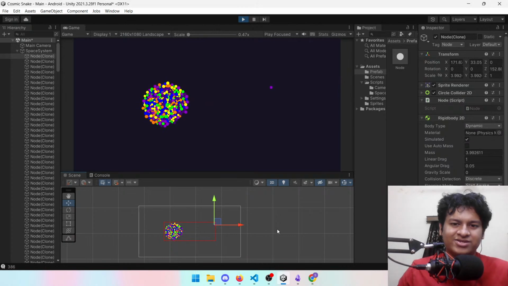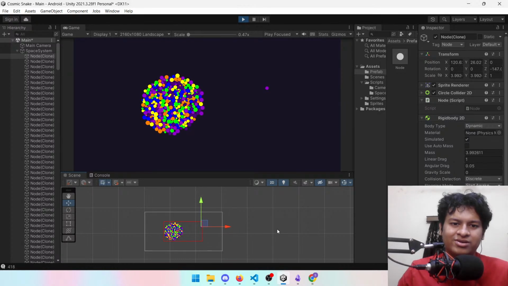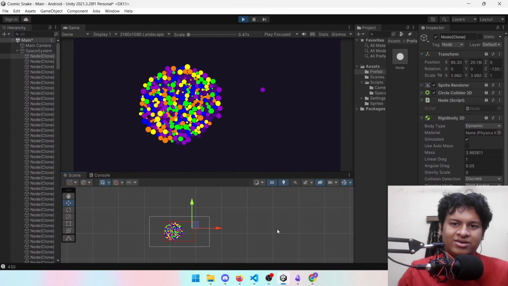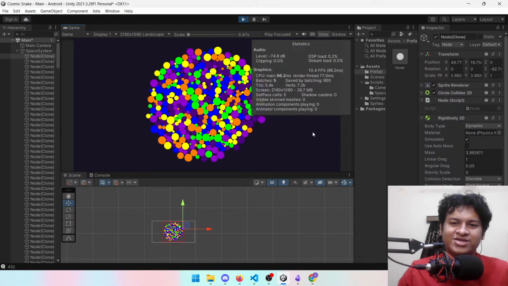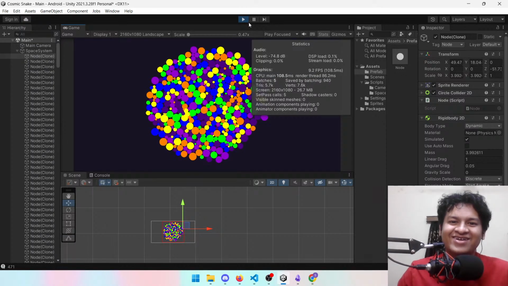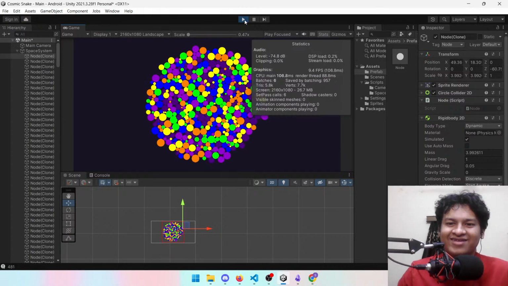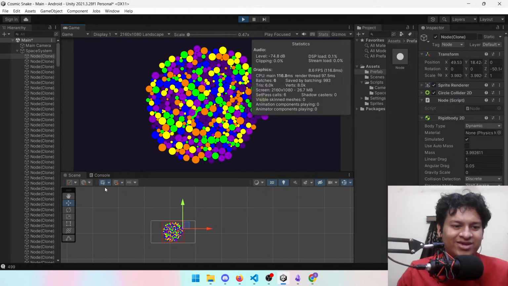How much gravity does this thing have? Shouldn't this thing be pulled much more rapidly? What's my stats? Oh, this is why. We are at 10 frames. Holy, how many counts?